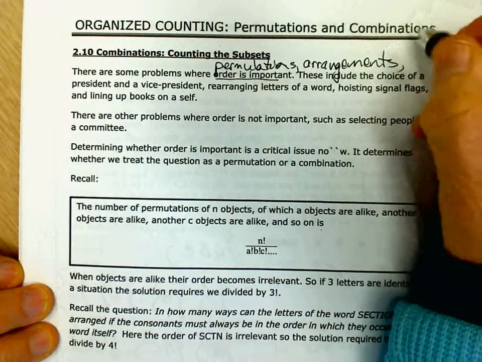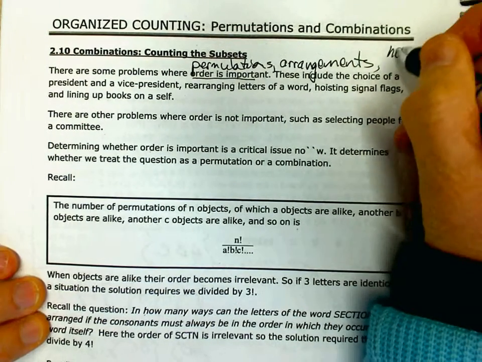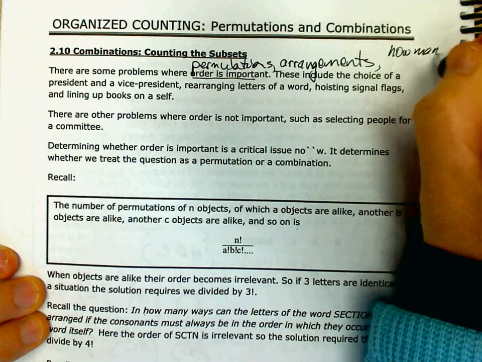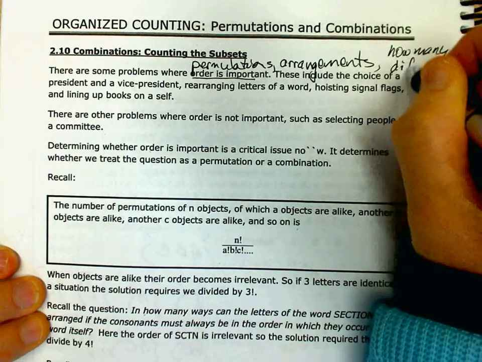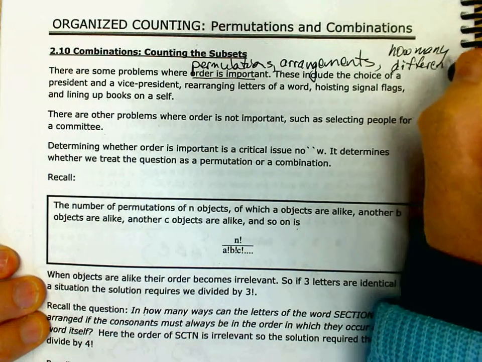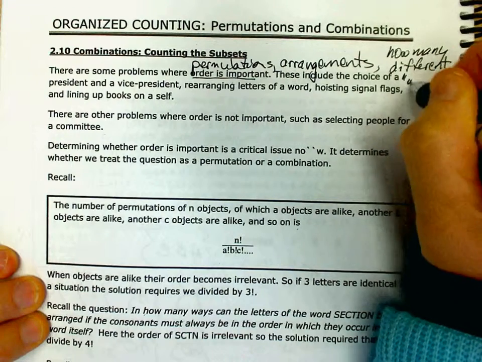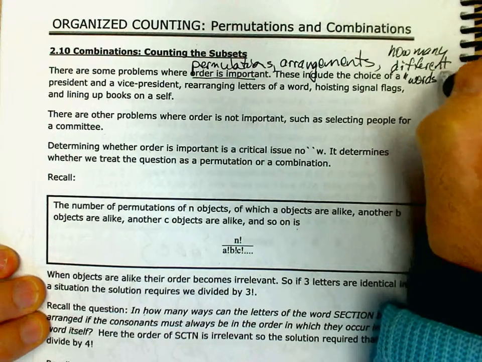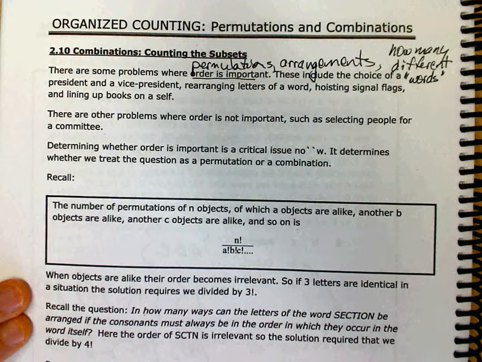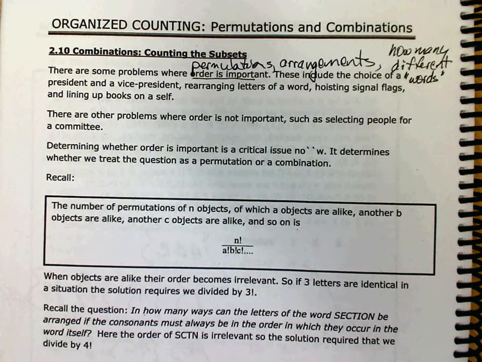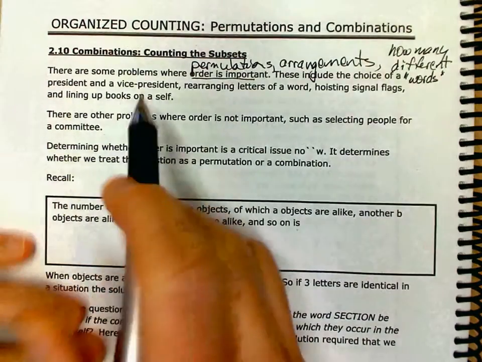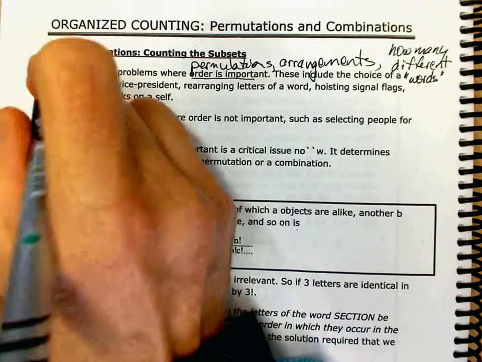Or the question might be worded, how many different words? And they'll usually put words in quotation marks indicating they're not real words, they're just maybe 3 or 4 letters together and they don't necessarily have to make sense. Okay? Or lining up books on a shelf, etc., etc.